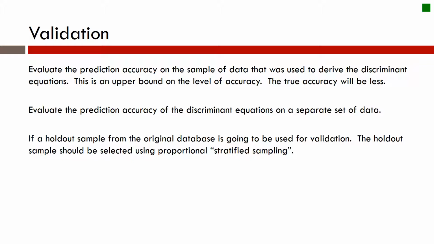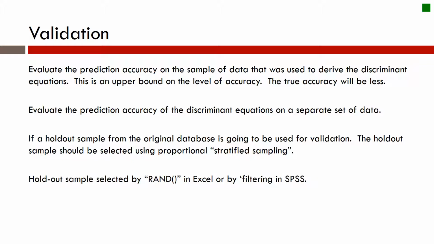One technique is the idea of having a holdout sample. So if you have a data set and you randomly split the data set up, then you'll be able to run your initial analysis on some of the data, but you'll have some of the data that's not initially used to create the discriminant functions.